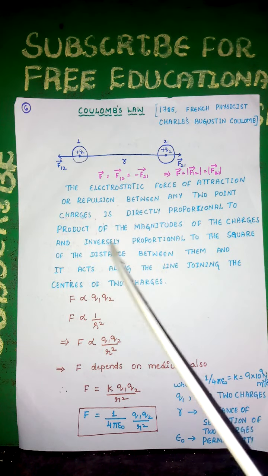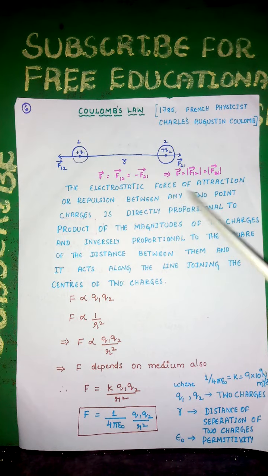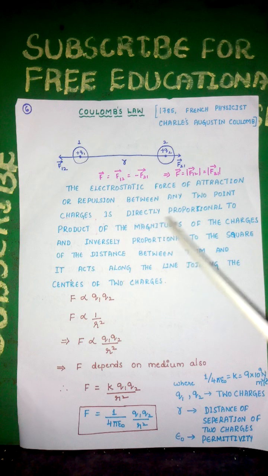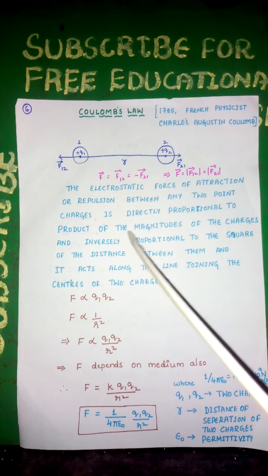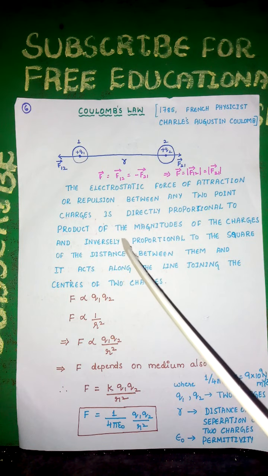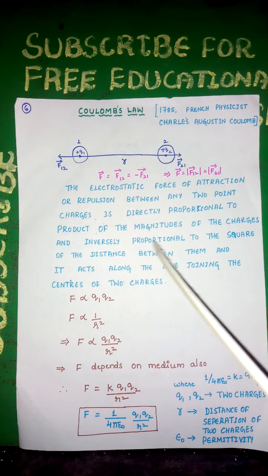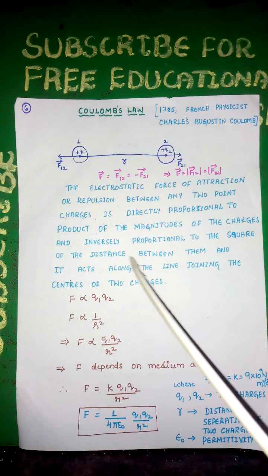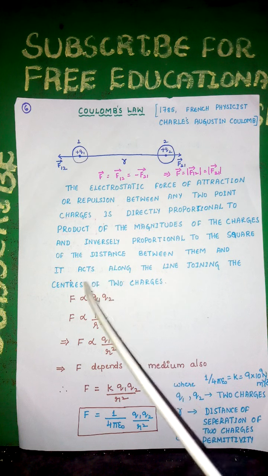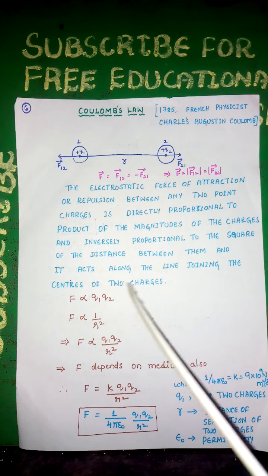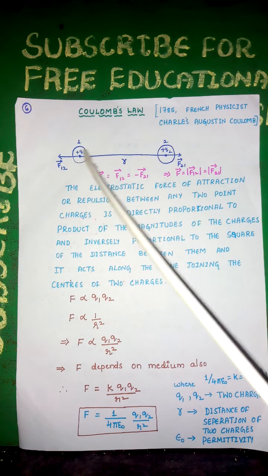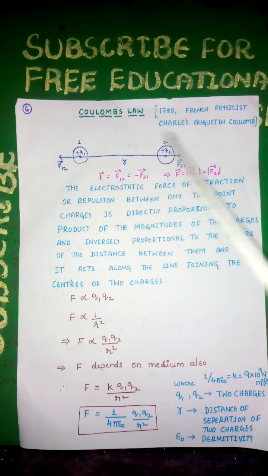So I can say the force of attraction or repulsion between two charges is directly proportional to the product of the magnitudes of the charges and inversely proportional to the square of the distance between them, and it acts along the line joining the centers of the two charges.